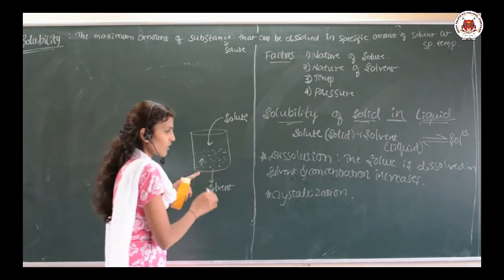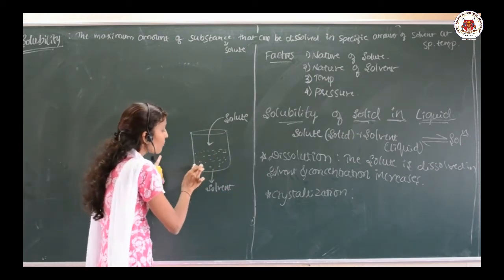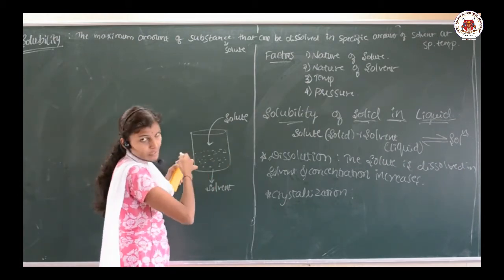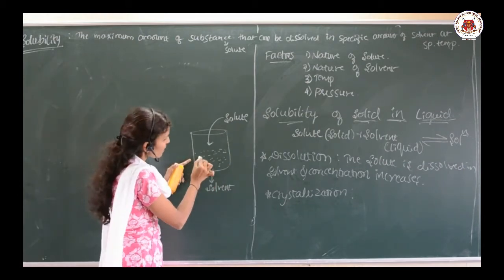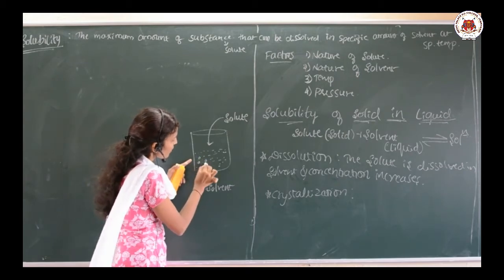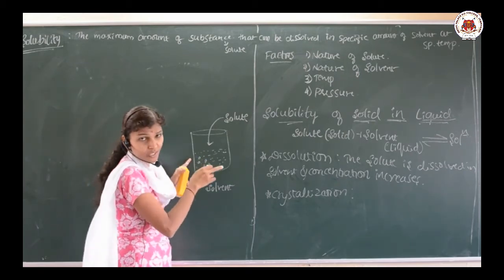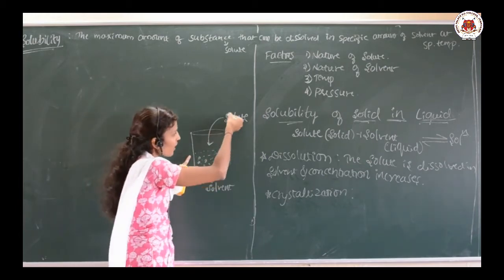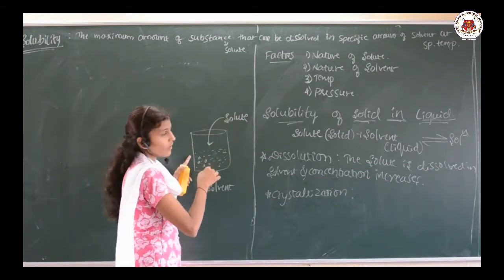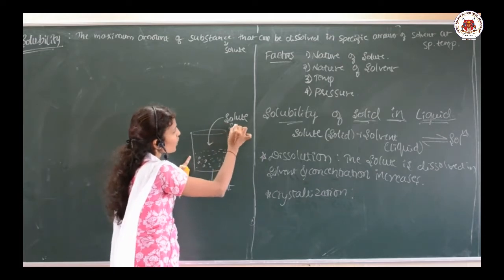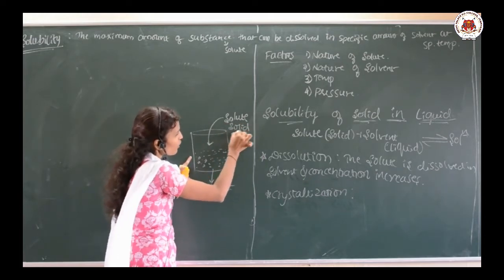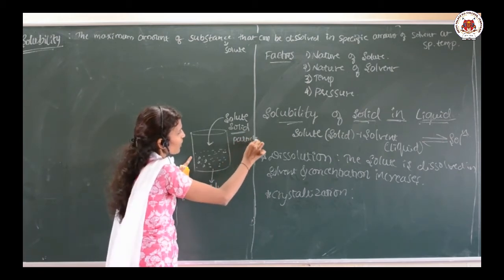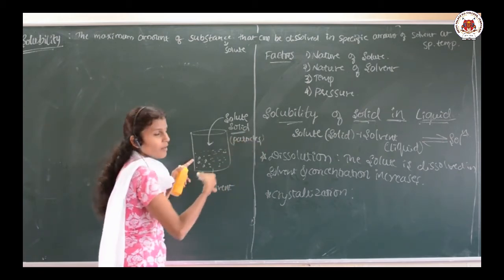Next, crystallization. So, carefully observe here. Here the solute is dissolved. It means there are some particles of the solute which are dissolved in the solution, and I am adding the solid solute again. Here also there is a presence of some particles.